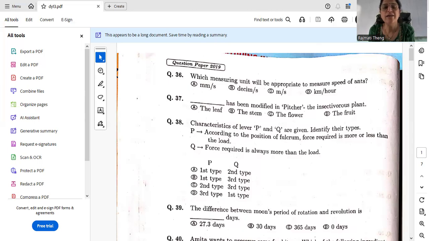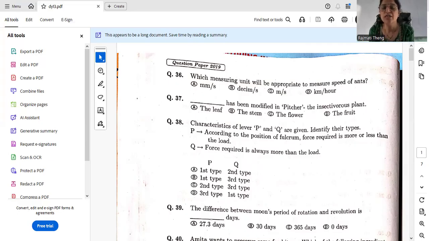Class 1 lever. In the class 1 lever, according to the position of the fulcrum, the force required is more or less than the load. Then the next one, class 3, the force required is always more than the load because the force arm is less than the load arm.